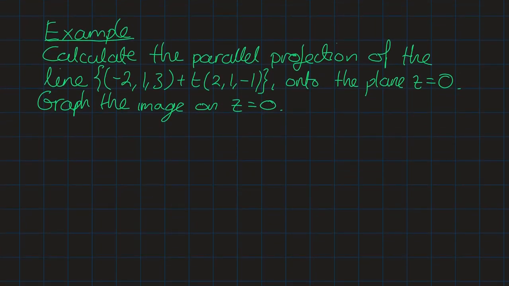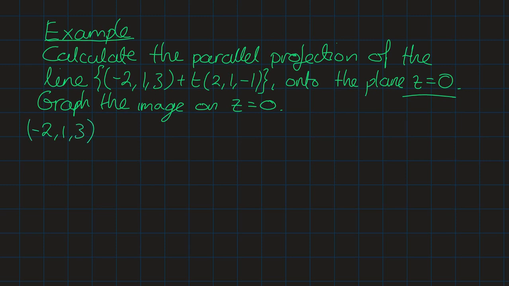So this question says, calculate the parallel projection of the line -2, 1, 3 plus t times 2, 1, minus 1 onto the plane z equals 0 and graph the image. Well, the first thing you do is you rewrite the parameterization of the line.